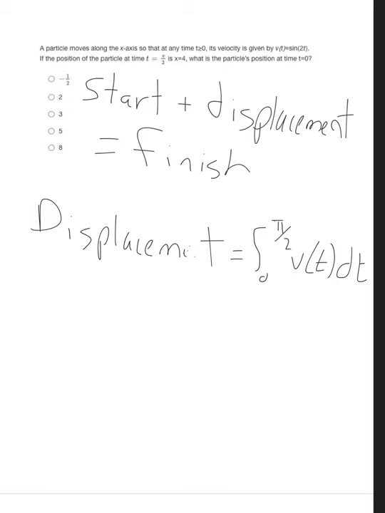If I look at that function v of t, I got to think, okay, that's the derivative of position. So what could the position function have been? Well, certainly it had to be a negative cosine, because this is the derivative of some other function. Well, what is sine the derivative of? Sine is the derivative of negative cosine because negative sine is the derivative of cosine.